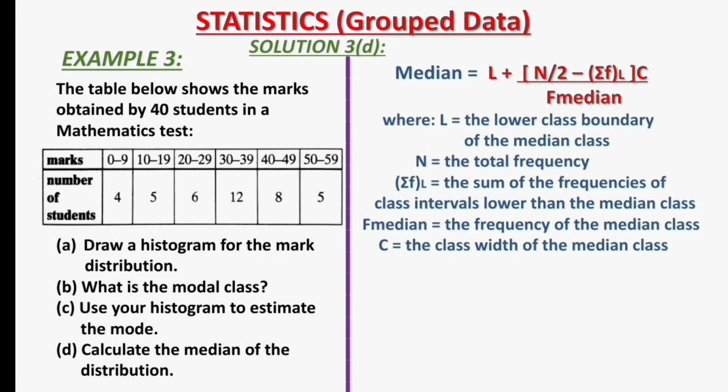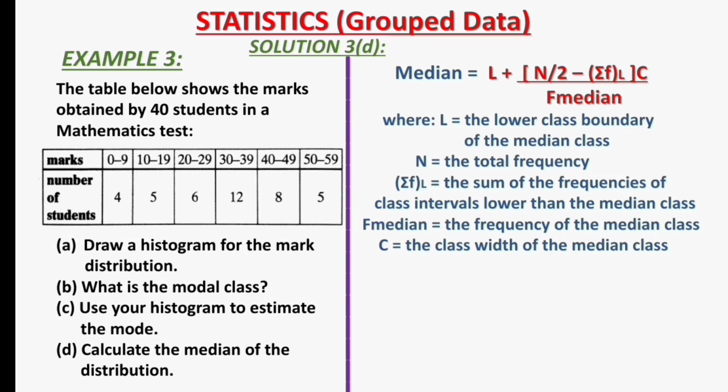Looking at a solution for question 3D, talking about calculating the median of the distribution, here is the formula for the median of the distribution. The median is equal to L plus, in brackets, N divided by 2 minus sum of FL, in brackets, times C divided by F median.